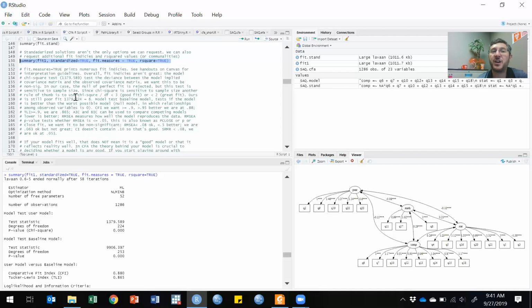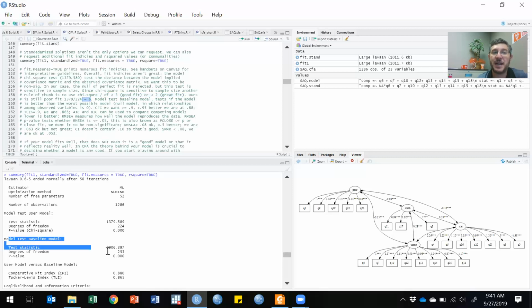There's another rule of thumb where you can divide the chi-square statistic by its degrees of freedom. If that's less than 3, then it's generally a good fit. If it's less than 2, it implies there's great fit. Ours equals about 6. So, we're saying it's not great fit.